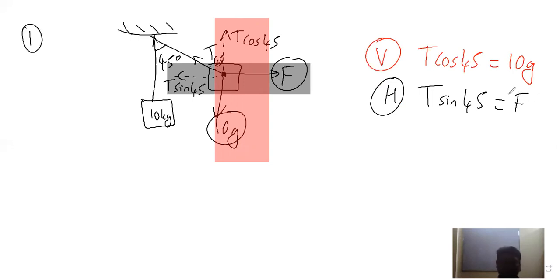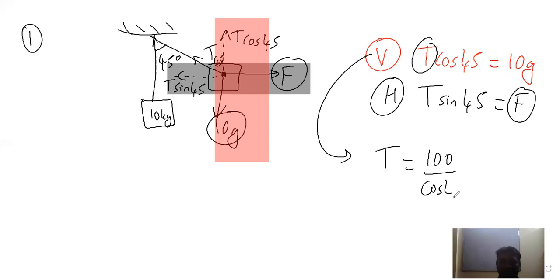In this case, we have to find the magnitude of F. So first let us find T. From the vertical equation, we get T is equal to 100 upon cos 45, so 100 upon 1 by root 2, so 100 root 2.